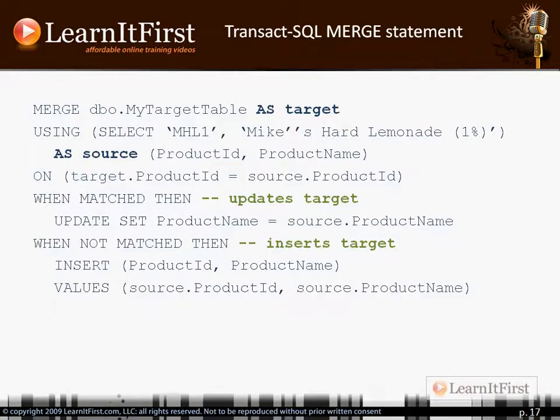So you can see down here, now it's a basic, almost a case operator style syntax down here. When both the source and the target have the same product ID, that's what matched means, right? When they have the same product ID, then update what? Update the target and set the product name equal to the source product name.